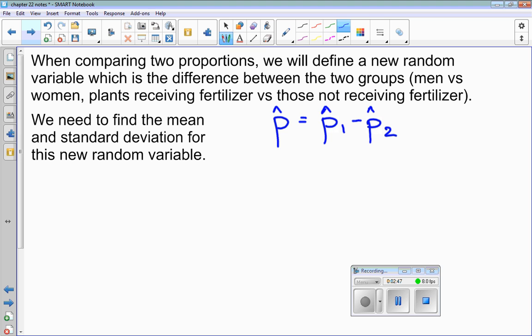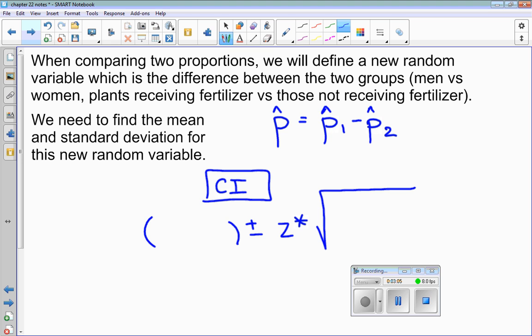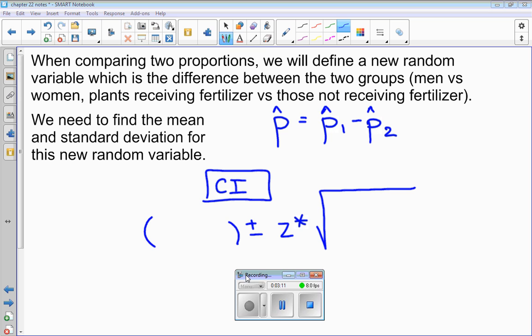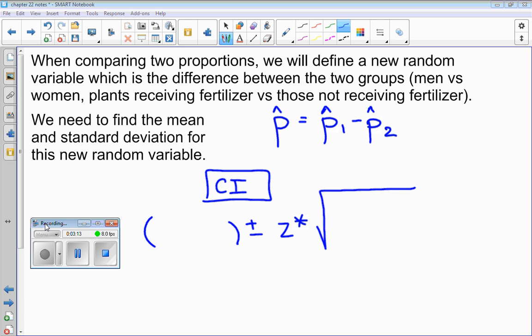Okay, so however you define your new statistic. Let's do the confidence interval. What would the formula be for the confidence interval? It's going to be your statistic plus or minus the margin of error. Margin of error is z star times the square root of something. Would you agree with that? Just a general formula, right? What's going to go in the first set of parentheses, do you think, for a confidence interval?